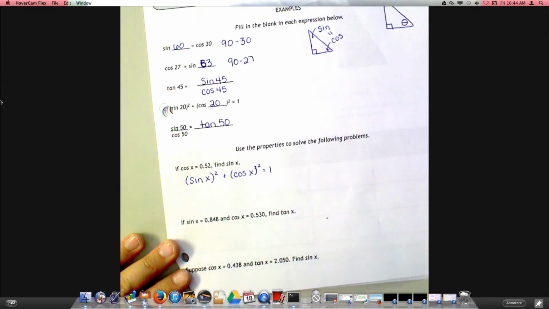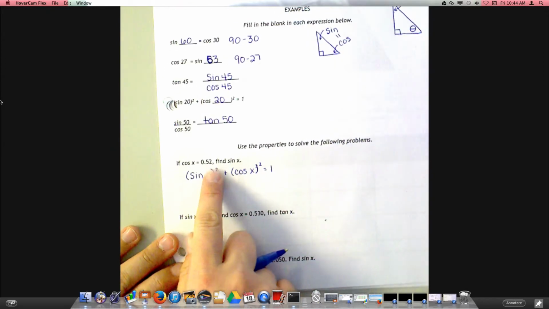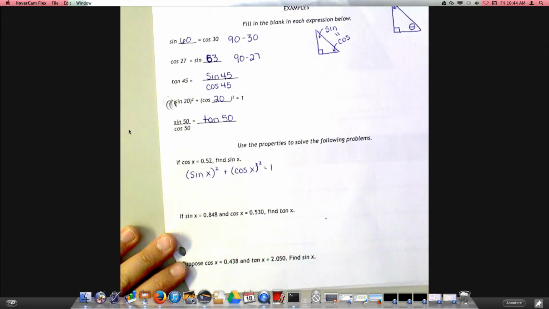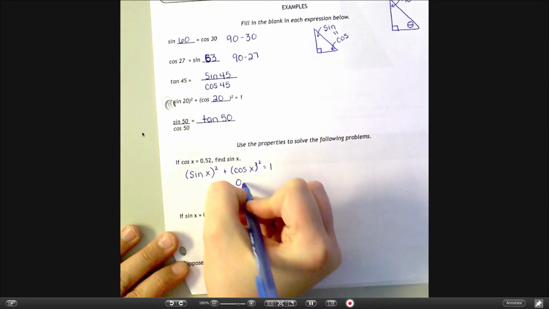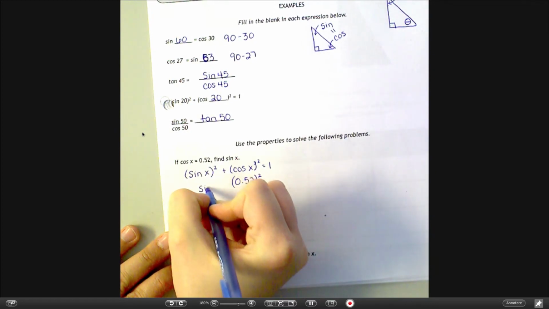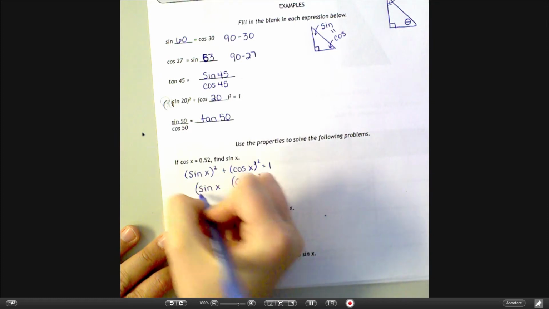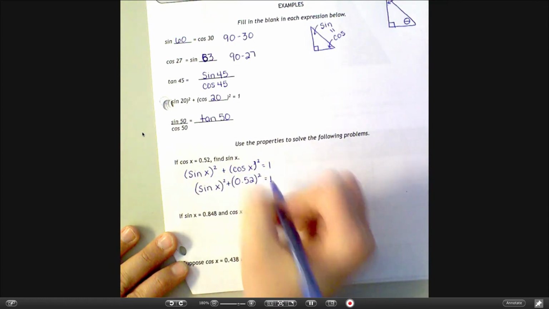Not sine. Cosine, yeah. Cosine is 0.52. So I'm going to put in, let me get rid of all that stuff at the bottom. I'm going to put in 0.52 squared right here. So now I have sine of x squared plus 0.52 squared equals 1.